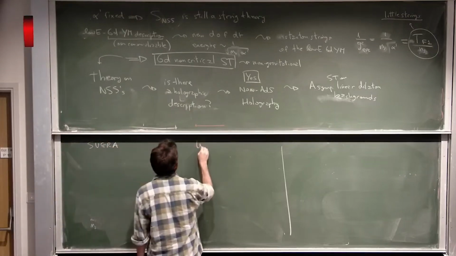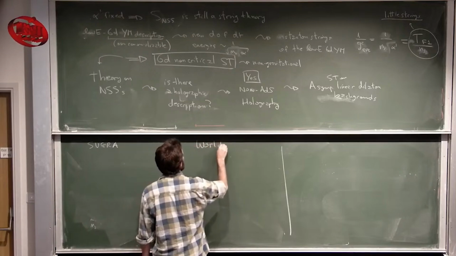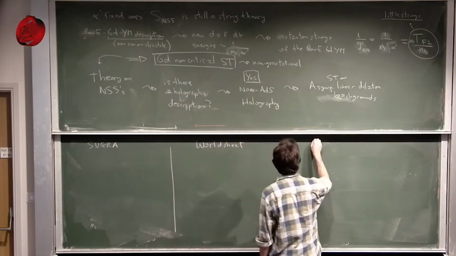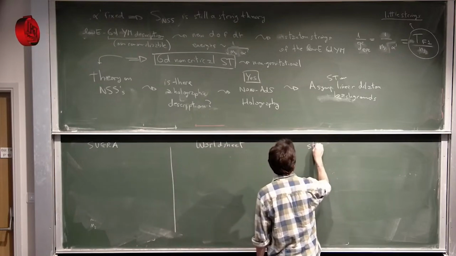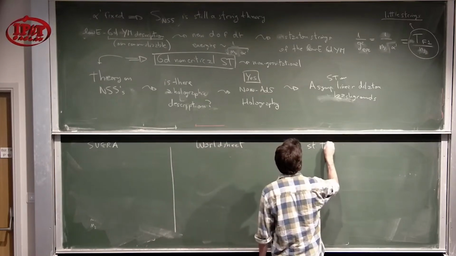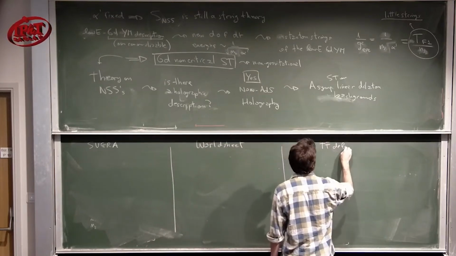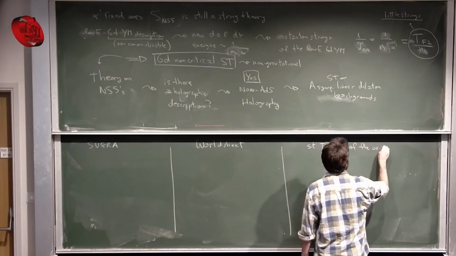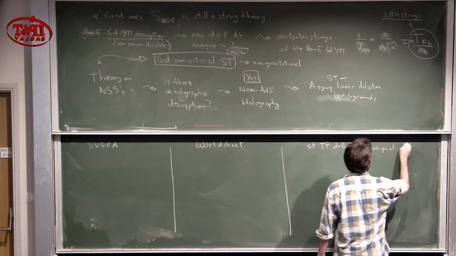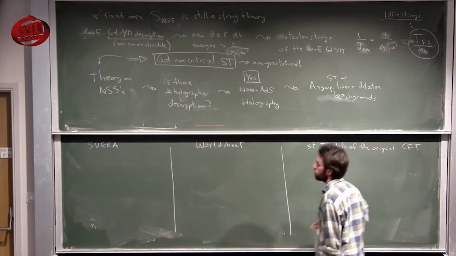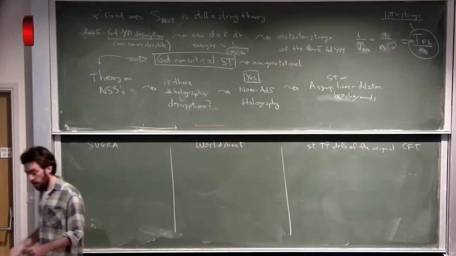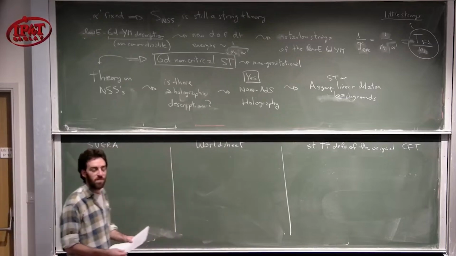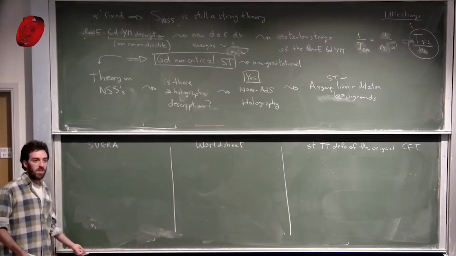One of them is on the worldsheet. And one of them is from what are called single trace T T-bar deformations of the original CFT. Anyway, the expert in the room is Mark here.